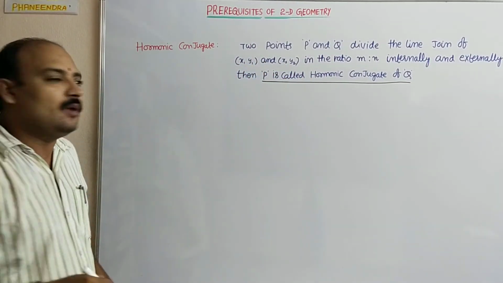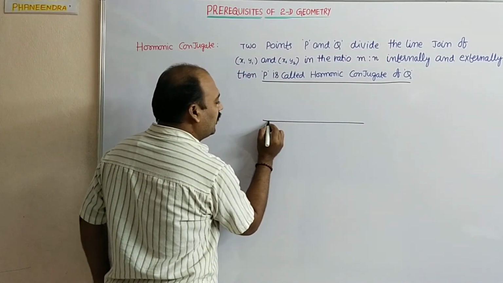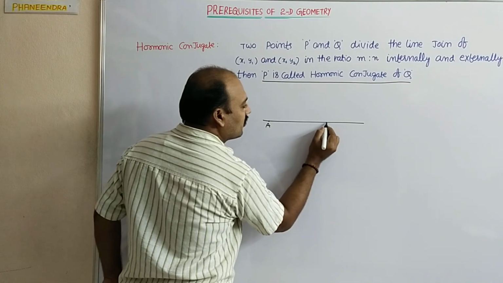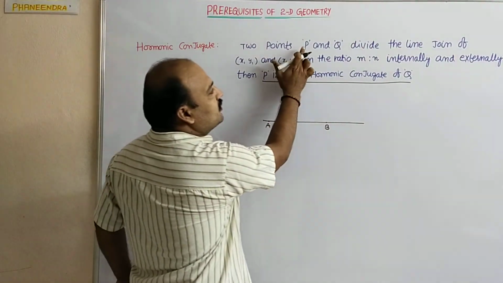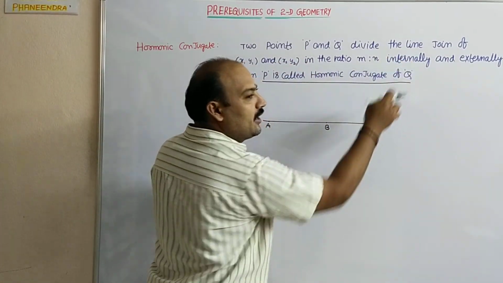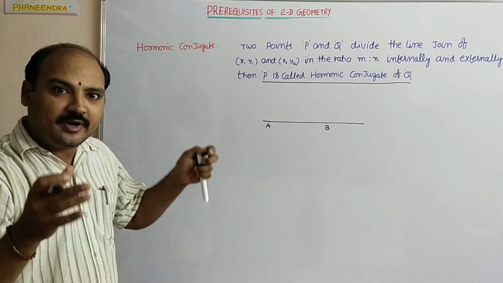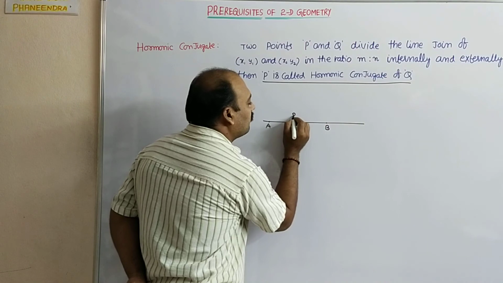See how the figure will be. This is the line joining A and B. Observe carefully. This point P divides the line joining in the ratio m is to n internally. Internally means the point P should be in between A and B, but it is not the midpoint.